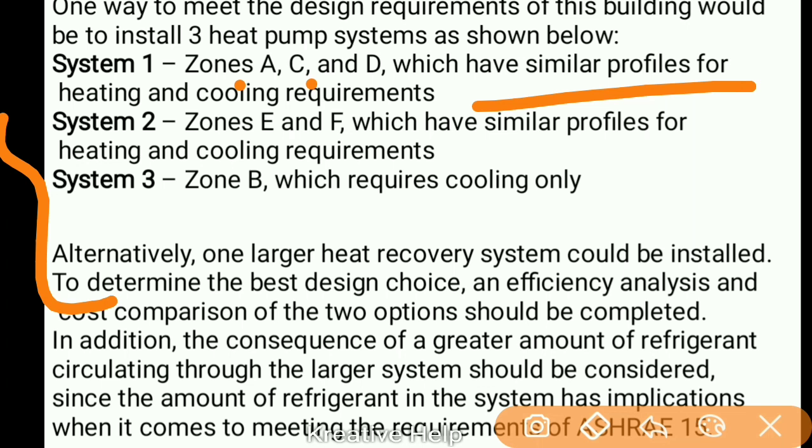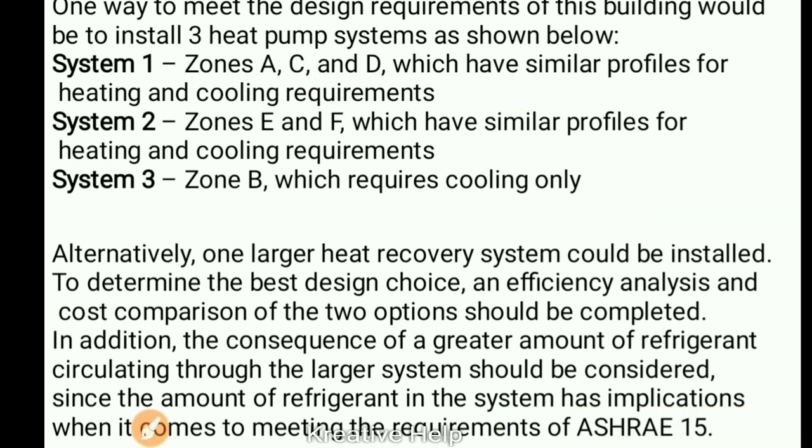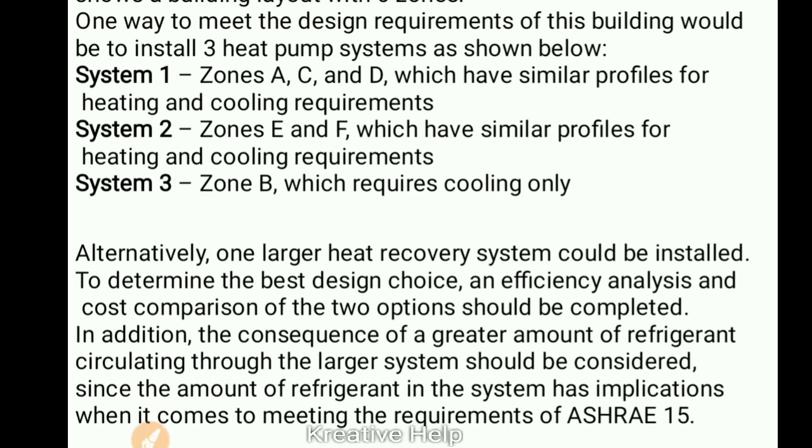EF has a similar profile of heating and cooling requirement. Only B requires cooling only. So alternatively, one large heat recovery system should be installed. This is a basic function to determine the heat design choice, the efficiency analysis and cost to operate completely. In addition, the greater amount of refrigerant circulating for the large system is considered, as per the limits of ASHRAE 15.